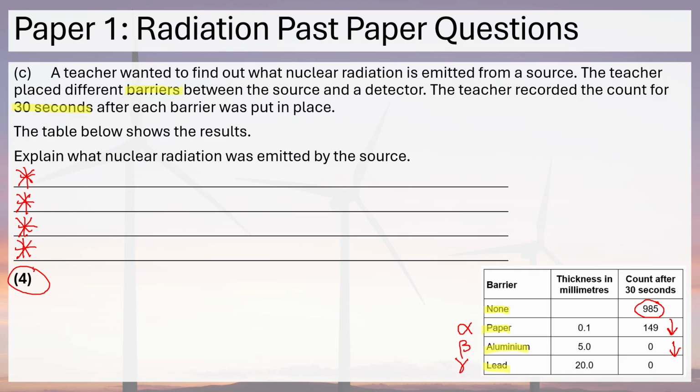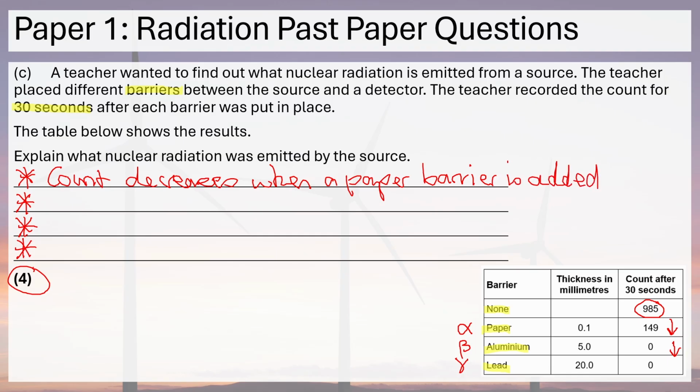So first thing we say is the count decreases when a paper barrier is added. So that's the fact we're taking from the table. Therefore, the source emits alpha radiation.